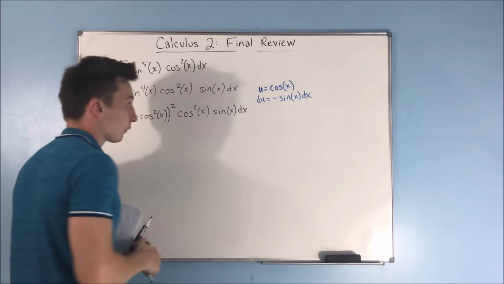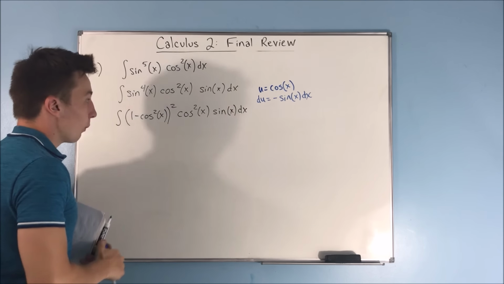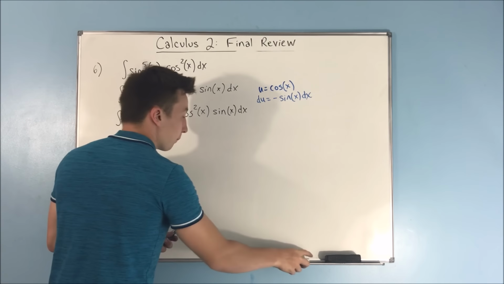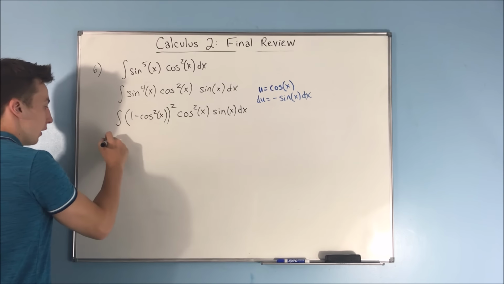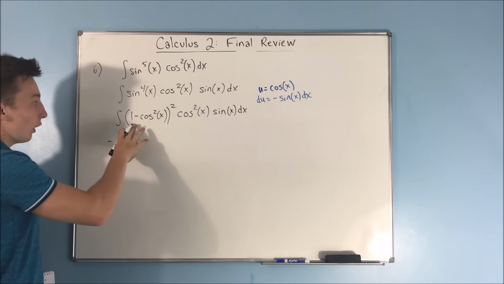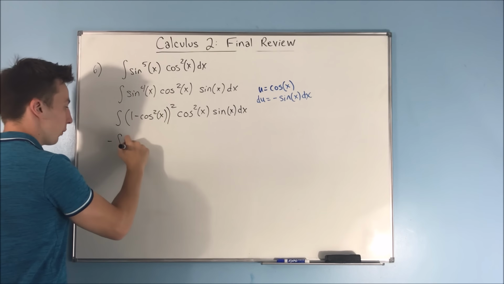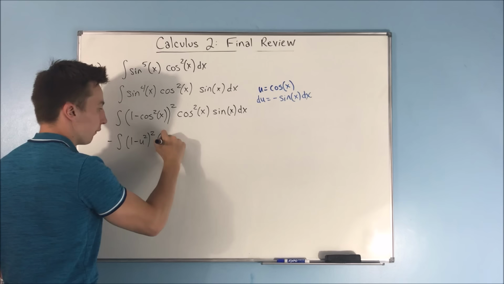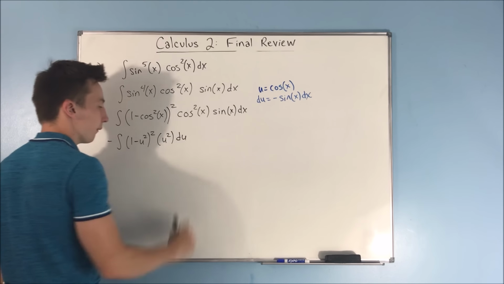So, of course, we don't have that negative to spare out here, so what's going to happen is that we're going to have negative the integral of 1 minus u squared, quantity squared, times u squared, and then we'll have a du here.